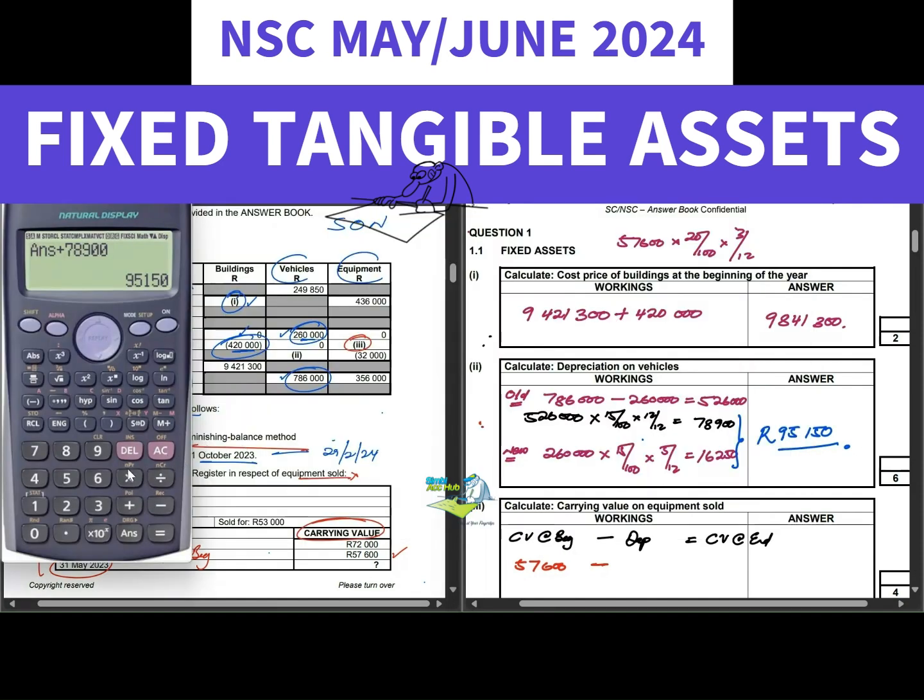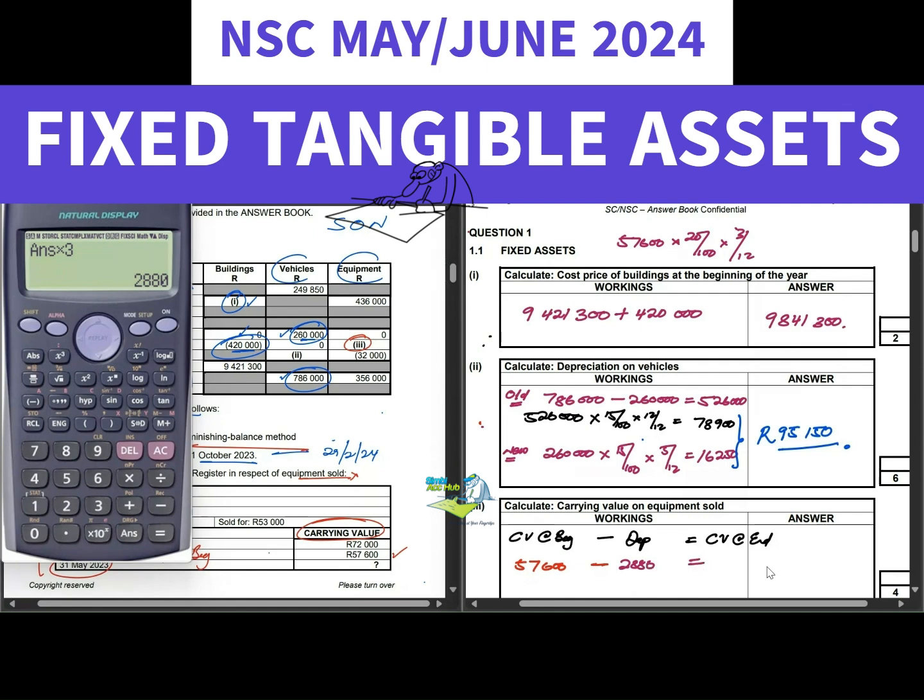So I'll say my 57,600, then I will multiply that by 20%. And then I'll divide by 12 and I'll multiply by 3. That'll give me 2,880. That is my depreciation.